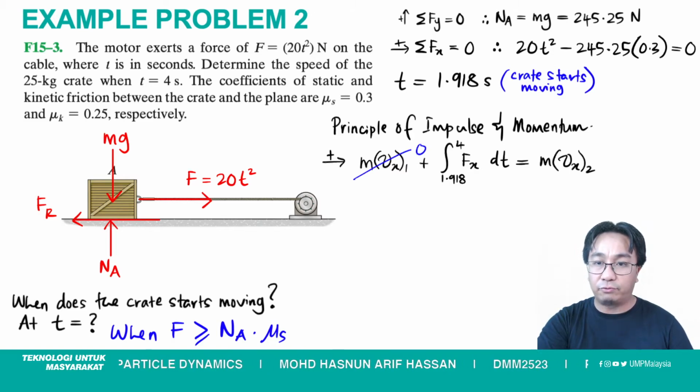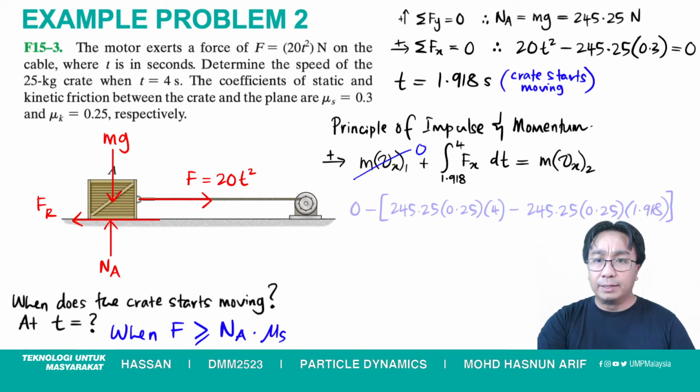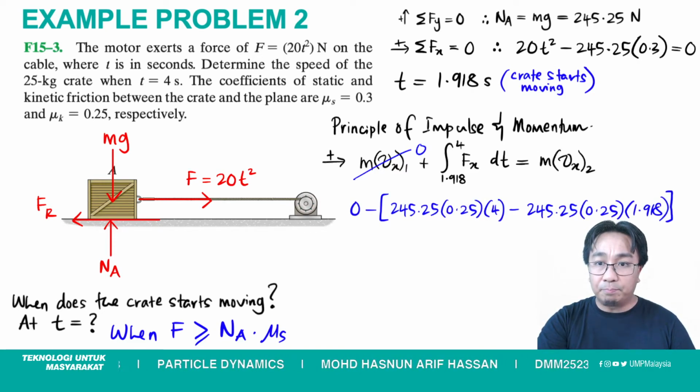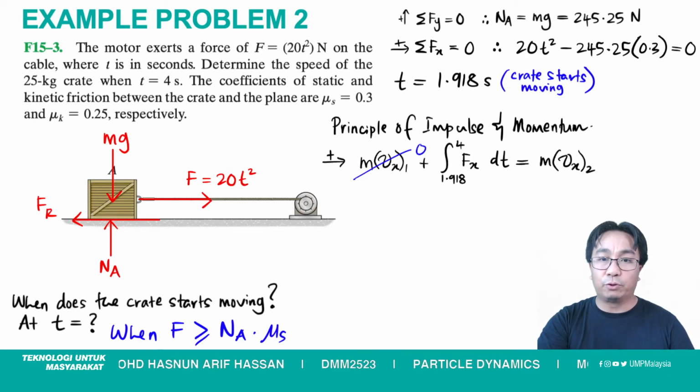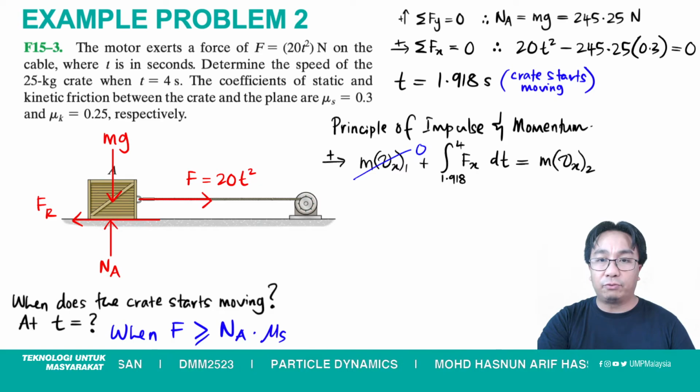So the integration from 1.918 until 4 of Fx dt equals mvx2. All right, for the integration of Fx dt, if you look at the x-axis, we have two forces. The first one is the friction, the second one is the force F equals 20t squared.